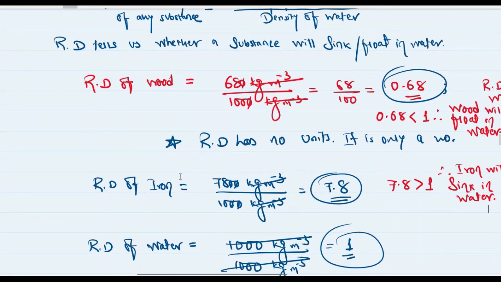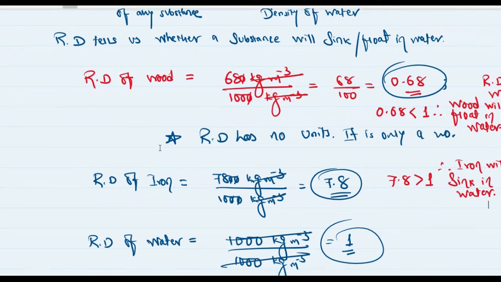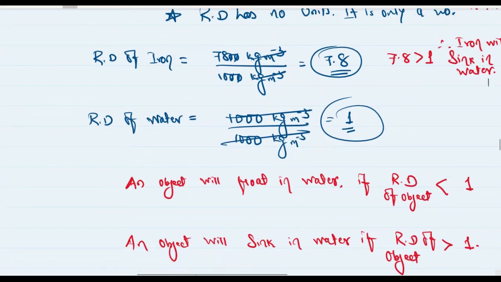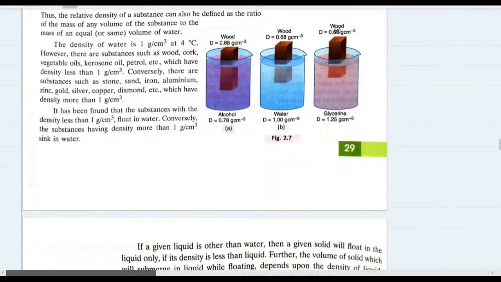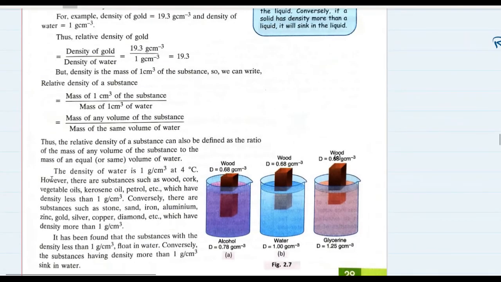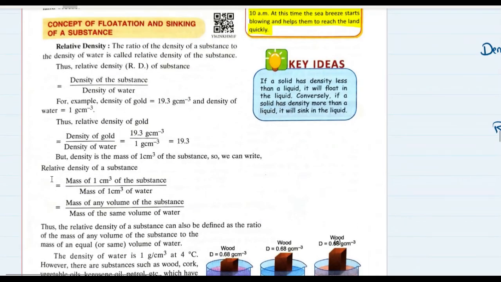Then you find a number which is relative density, and relative density has no units. It is only a pure number, right? So this number, if greater than 1, the object will sink in water. If the number is smaller than 1, then the object will float in water. That is the whole idea behind relative density and sinking and floating objects. Okay, so that's what they have written over here.